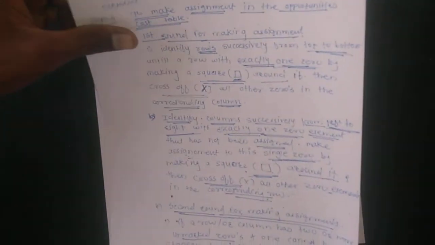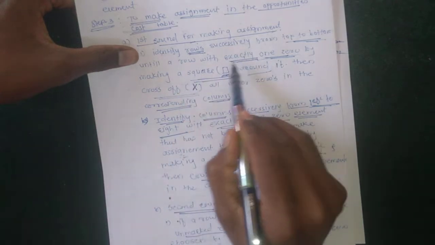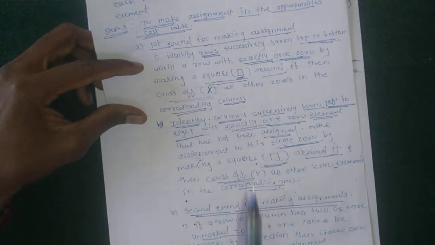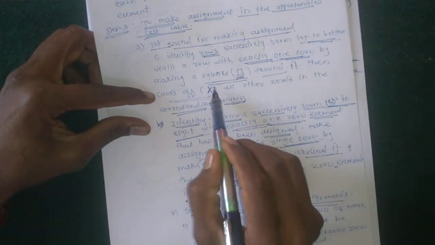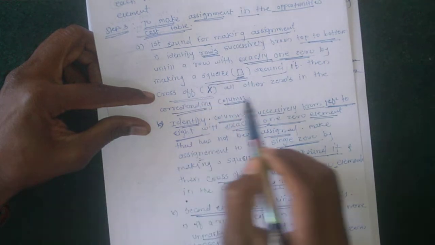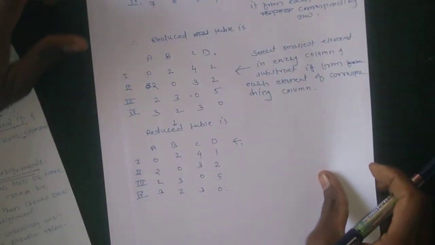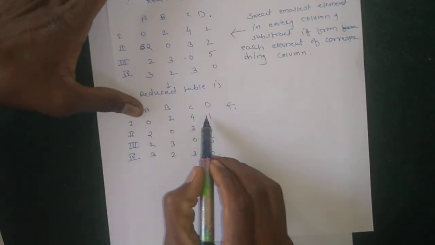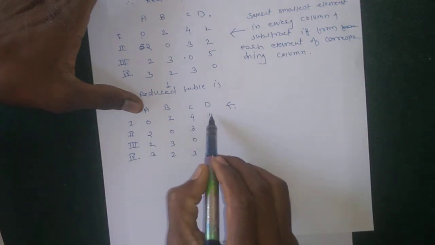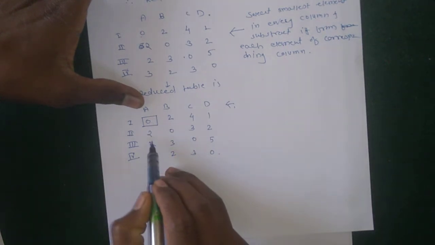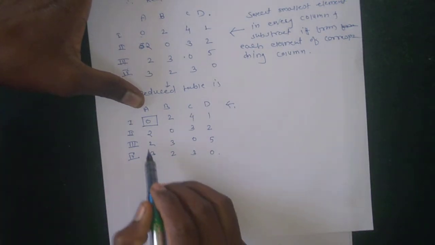How to make an assignment: identify rows successively from top to bottom until you find a row with exactly one 0. Select that row and put a square around that 0, and then cross out the other zeros in the corresponding column.